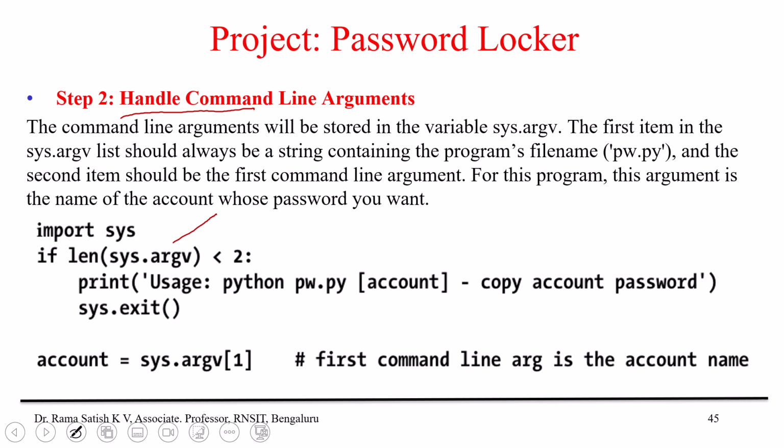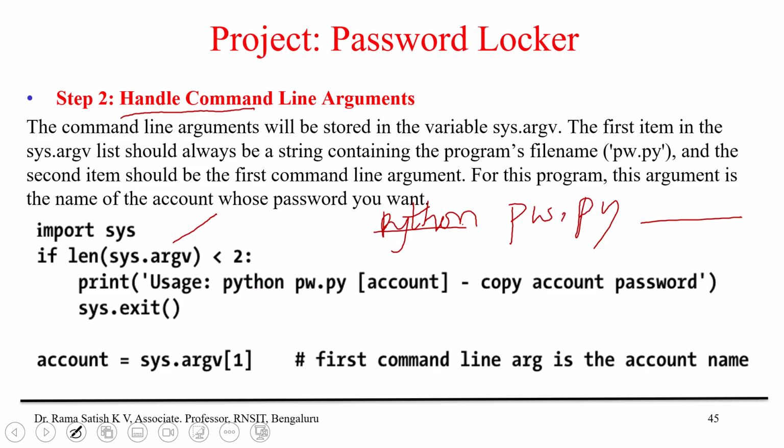If it is less than 2, that means you should have at least 2: one is the command, that is python and the name of the file, pw.py, and the other is what you pass along with it.